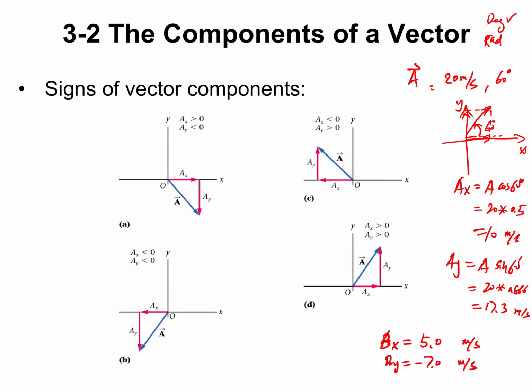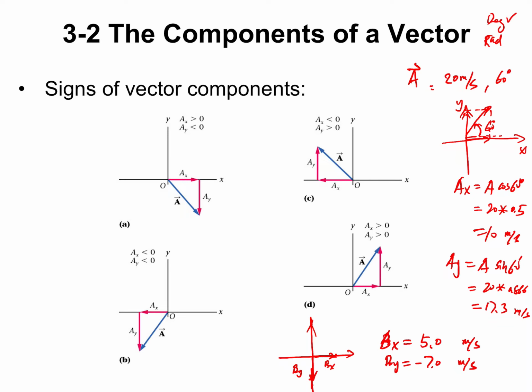So if you draw the coordinate system, what is your x component? The x component is here, so this is the Bx. What is By? By is negative 7, right? So this is By. Bx, By. And what is B?